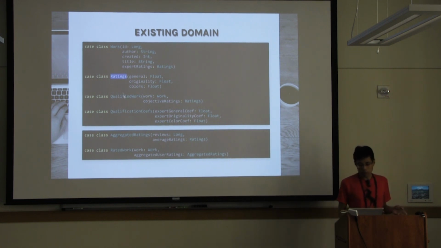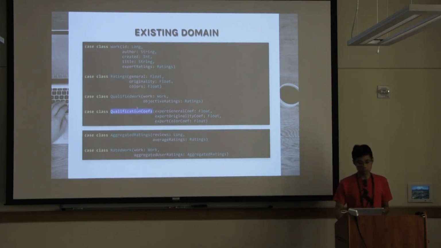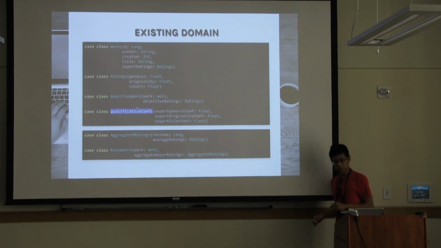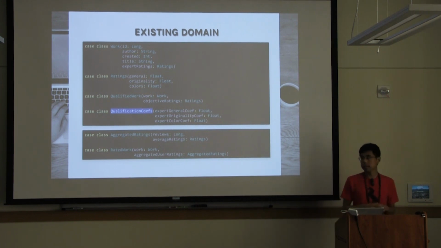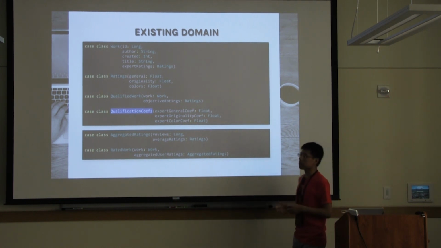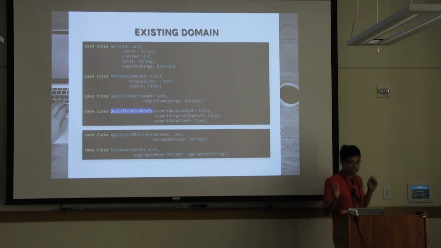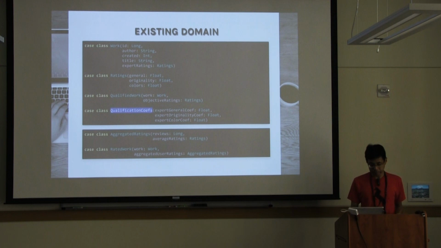And then a qualified work is just a work of art that has some objective ratings. And to compute these objective ratings, we use some qualification coefficients. Now, what we want to do is migrate our qualification process. Maybe you have also noticed there are some other flaws in this domain, but right now we're going to focus on the qualification process.